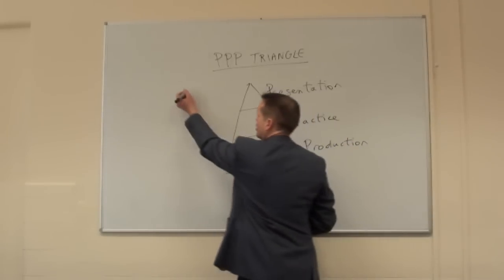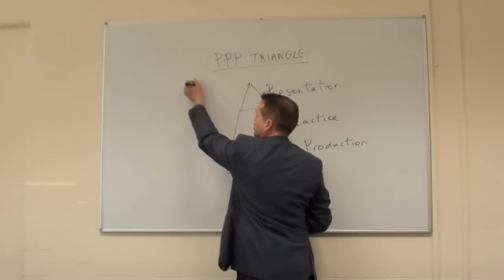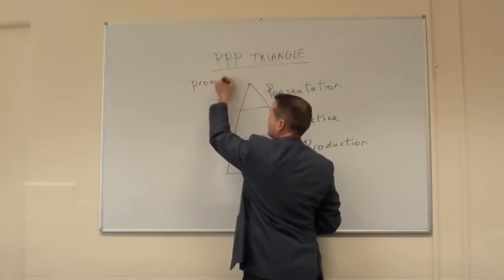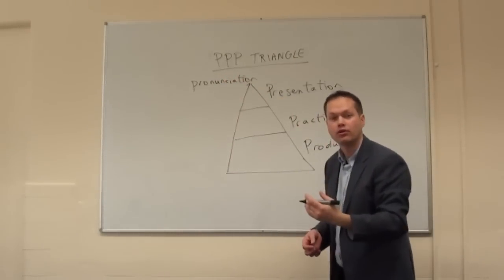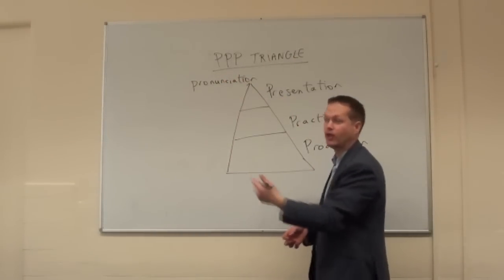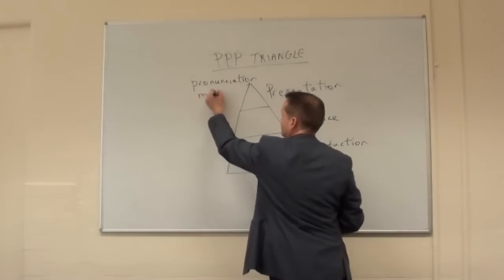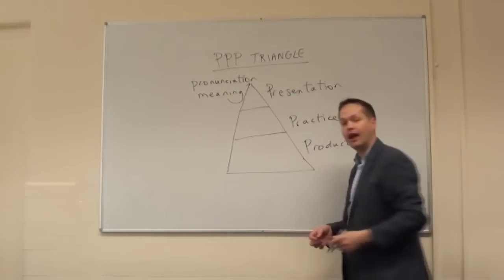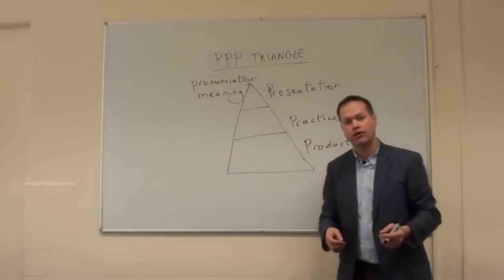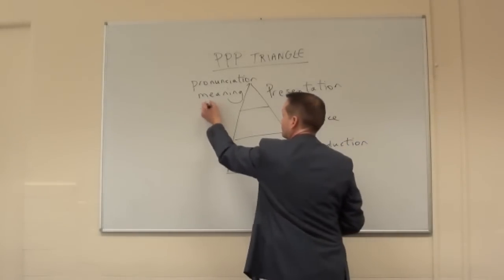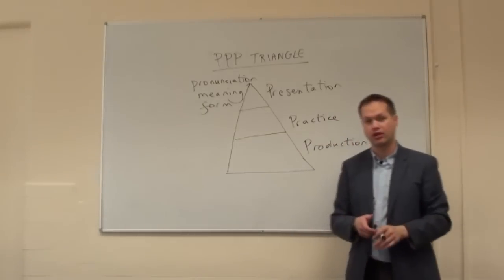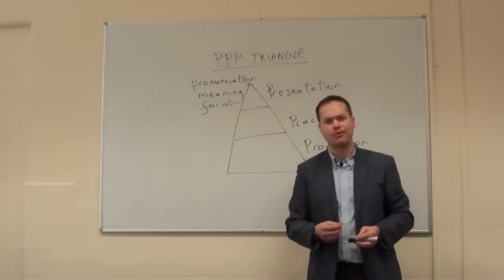Okay, the first stage that we're talking about is pronunciation. Second, we need to make sure the students have the meaning of the target language. And thirdly, we need to make sure that the students understand the form of the target language. Let's talk about what that means.